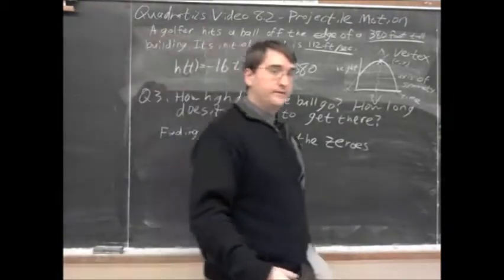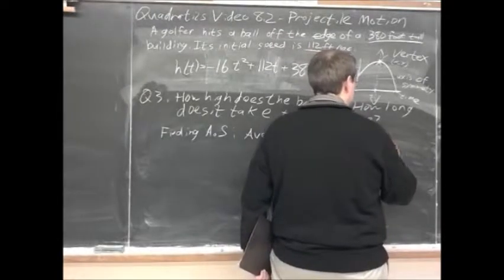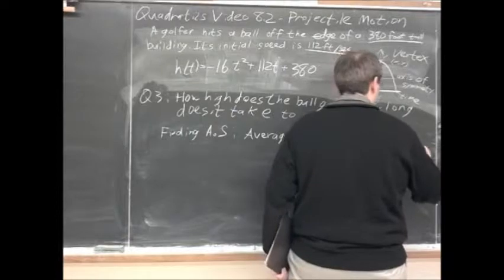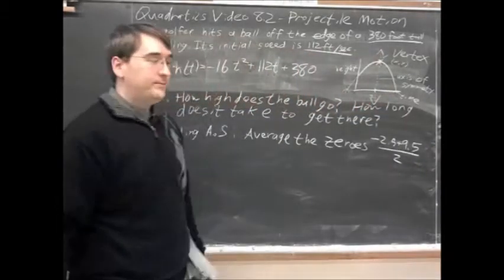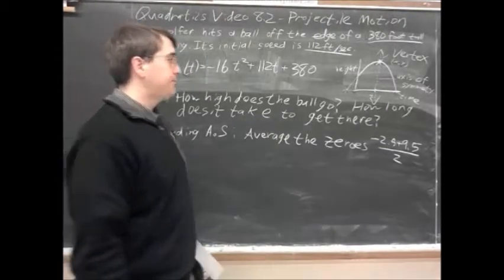If you remember from the previous video, our zeros are negative 2.5 and positive 9.5. There's two of them, so I'm going to add them up and divide by 2. Negative 2.5 plus 9.5 divided by 2.